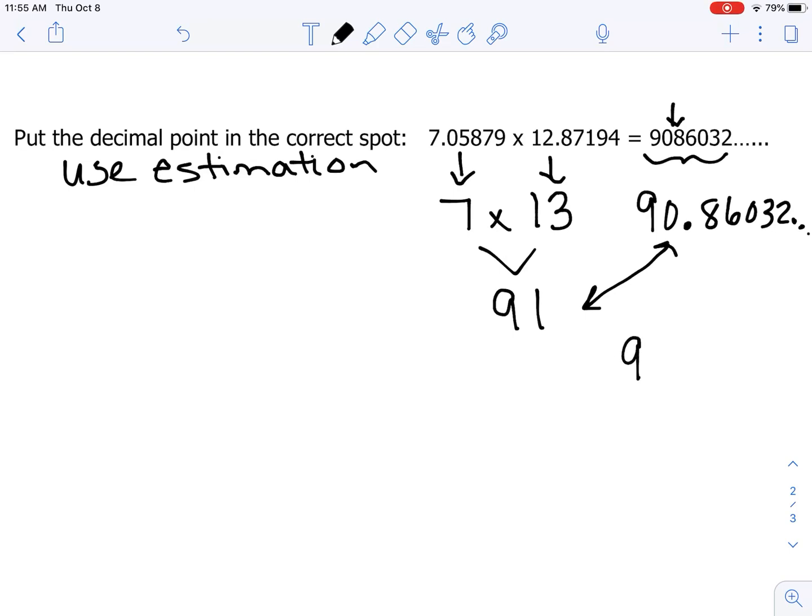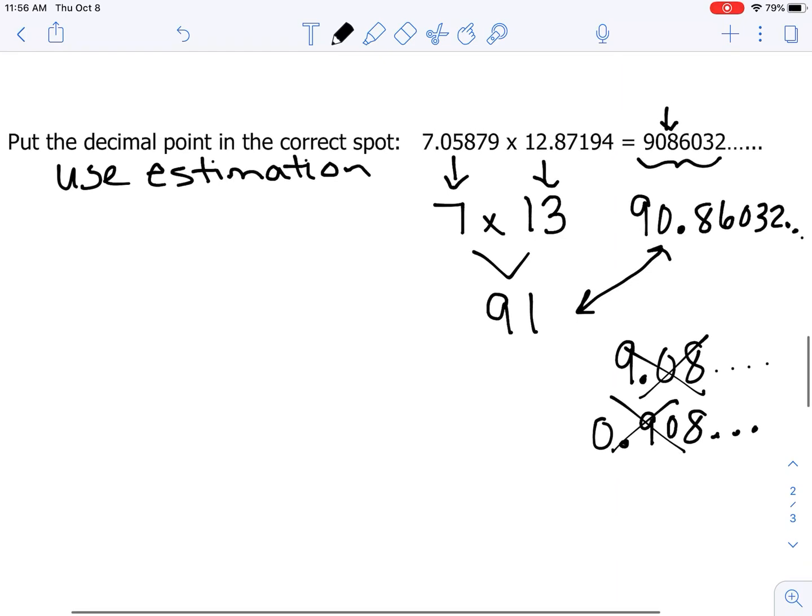It would not be appropriate to be just after the 9, right? 9.08 is nowhere close to 91. If I put it even before that, 908 thousandths is nowhere close to 91. It's not appropriate. So we want to see where putting that decimal point makes sense, where it's close to our estimate.